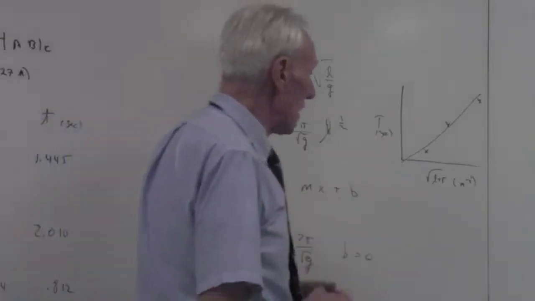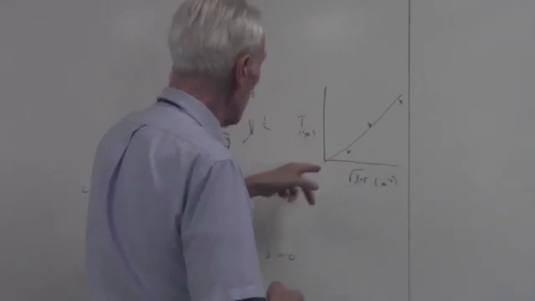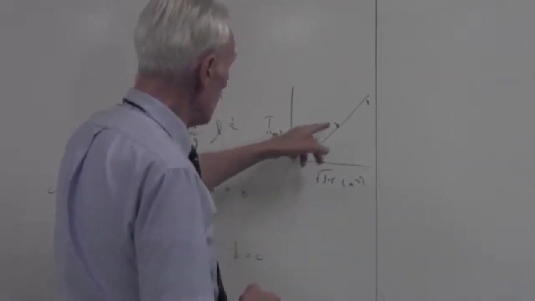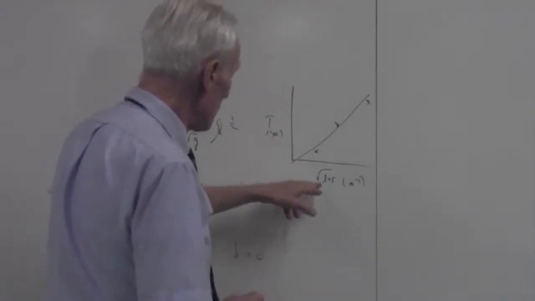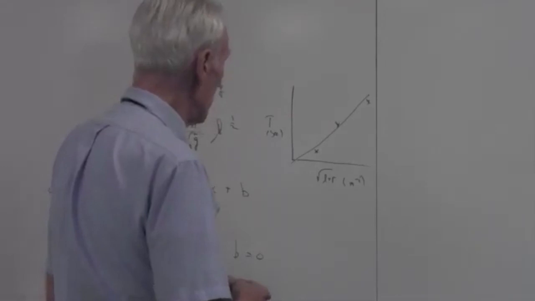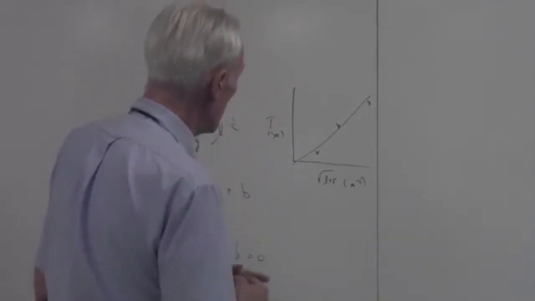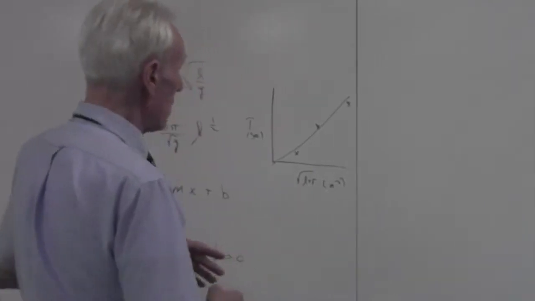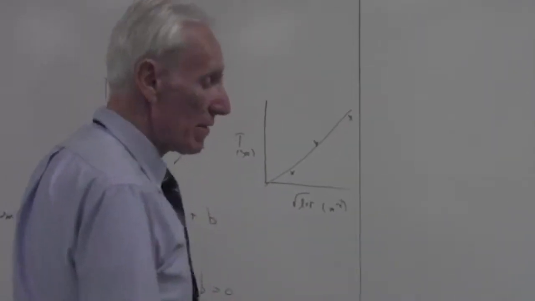So here's the graph we're going to look at in a minute with these data. Your 3 data points, your small, medium, large length, plotted versus the square root of the length plus the radius of the simple pendulum. So let's go over and take a look at the program, and we'll see what that looks like on graphical analysis.